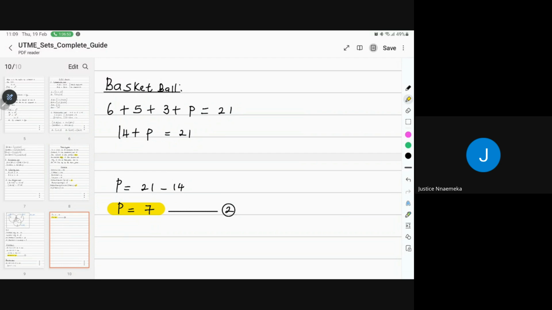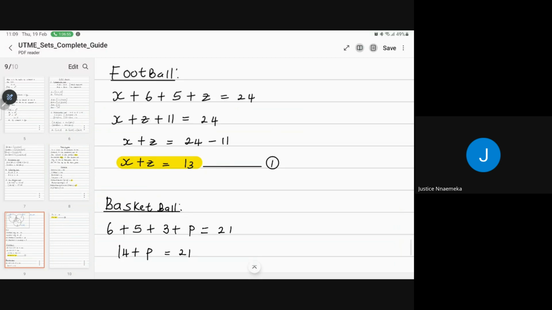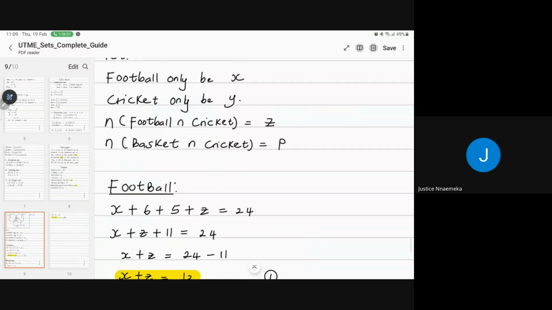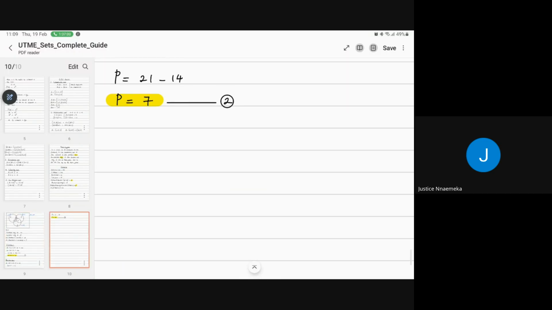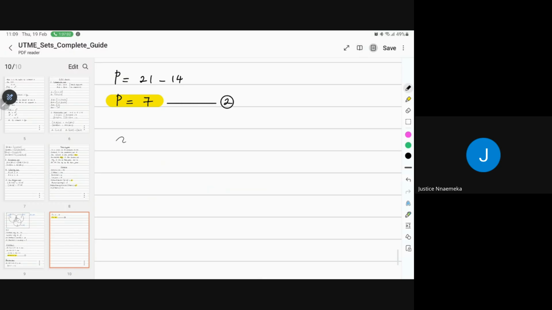Great. Now the next one, after the basketball, we're going to be looking at our cricket. So how many persons like cricket will form the equation around the cricket?